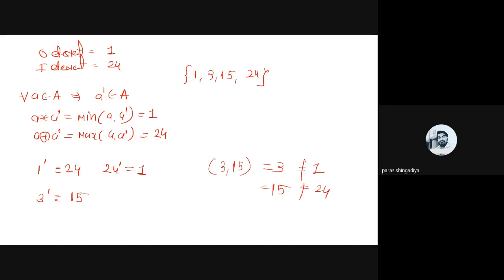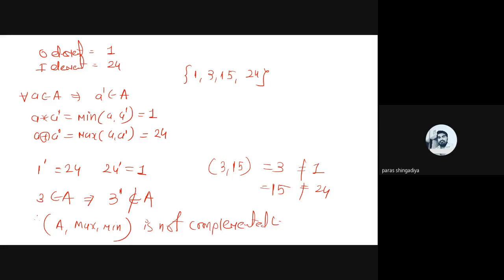Okay, means for 3 that belongs to A, this implies 3 dash does not belong to A. Clear? And therefore the maximum minimum is not a complemented lattice.